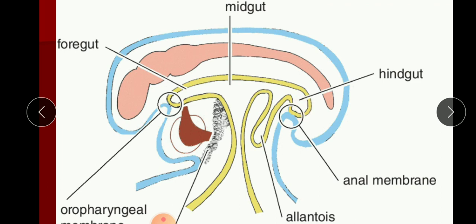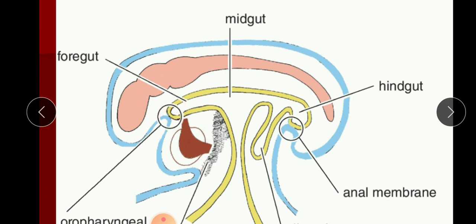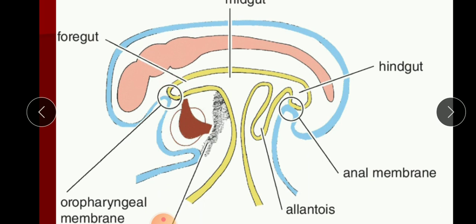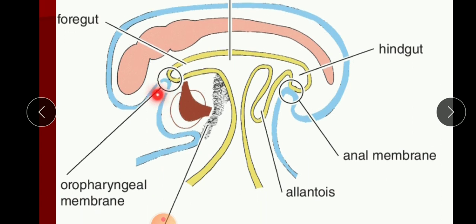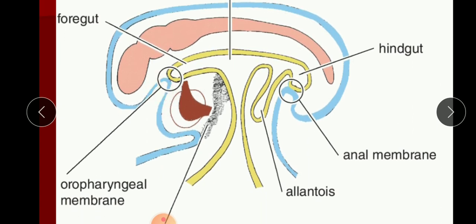Cranially, this primitive gut is closed by a membrane termed the buccopharyngeal membrane. The buccopharyngeal membrane will separate the primitive gut from the stomodium. This is the region of stomodium. Stomodium is the region that is going to become the mouth, part of the mouth.